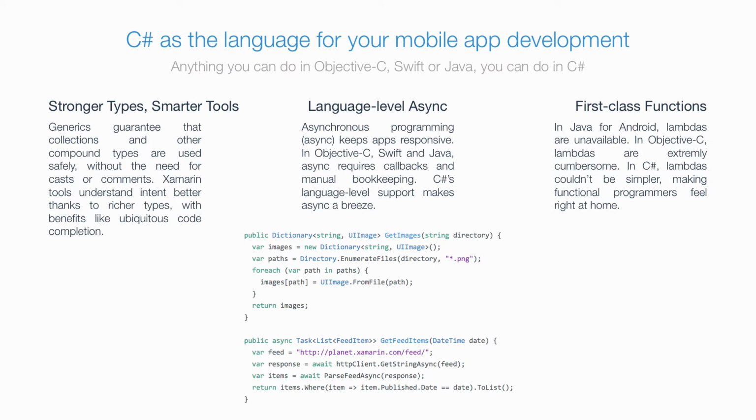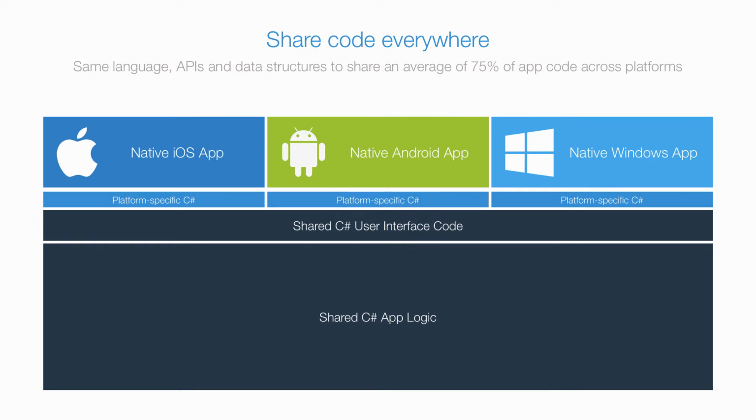Okay, so in the previous lecture we talked about C# as a language for your mobile app development. Let's now talk about how you can share that C# code everywhere. We're going to be using the same language, the same APIs and data structures, so we can actually share an average of 75% of app code across mobile platforms.